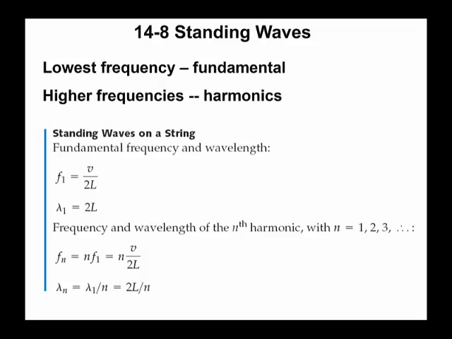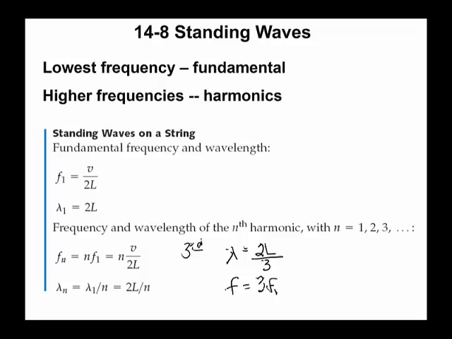Now, if it's a harmonic, my wavelength is 2L divided by the harmonic. So if this was the 3rd harmonic, then the wavelength would be 2L divided by 3. And my frequency then would be 3 times whatever that fundamental frequency was. We'll call it F1.